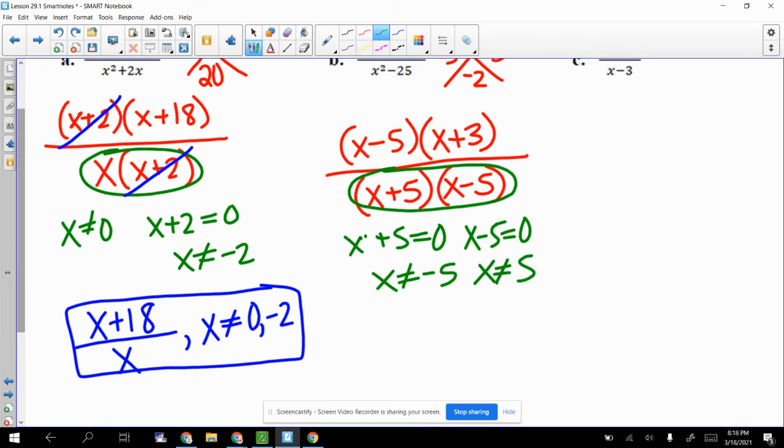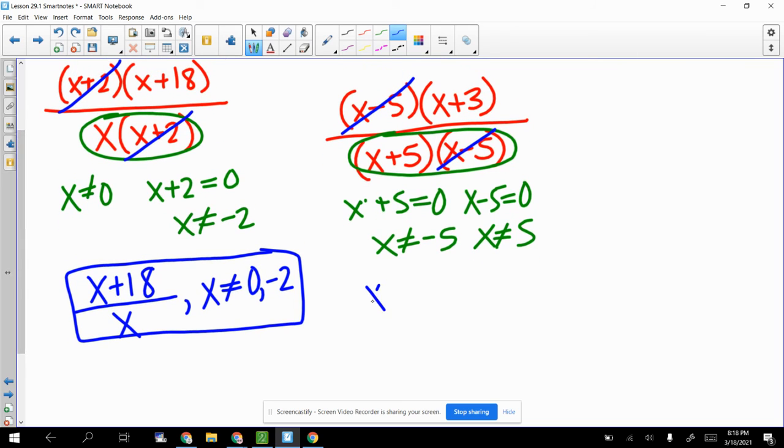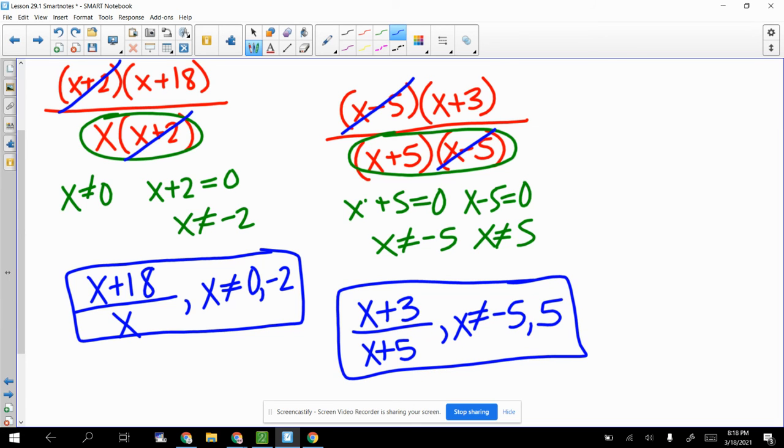And then your last step here, let's go ahead and cross out what is the same on top and bottom. And let's simplify and write what's left over. So x plus 3 in the numerator and x plus 5 in the denominator. And then we would say x cannot equal -5 or +5. And that would be your final answer.